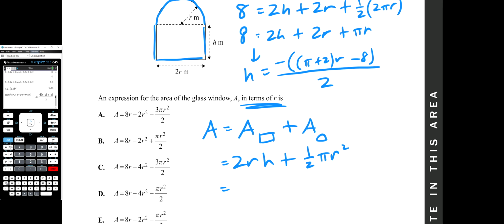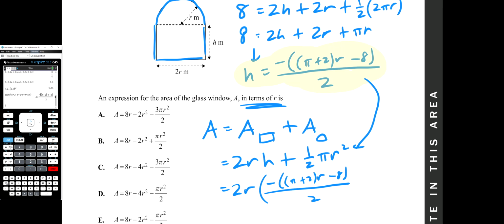So we're going to take this expression for the height and put that into this formula. So that's 2r times negative pi plus 2r minus 8 all over 2, and then plus half pi r squared.